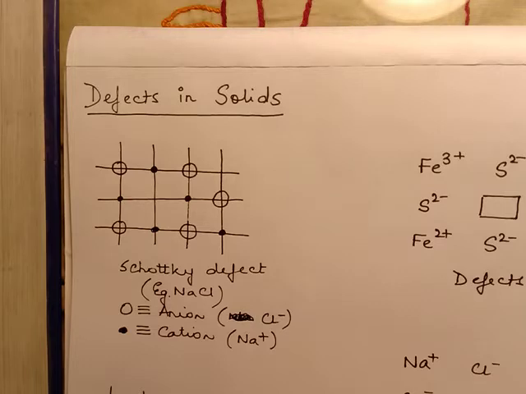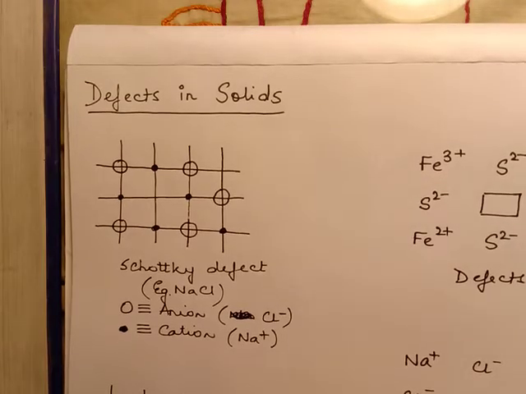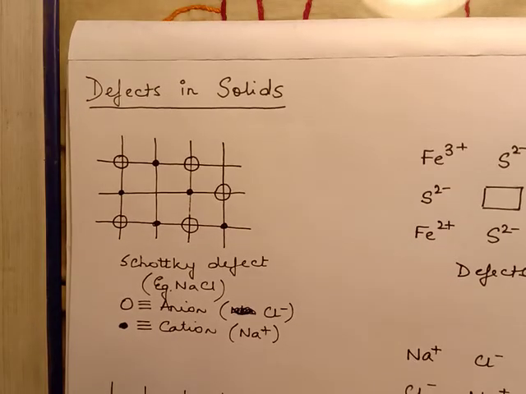Now these defects can be of various types because of the absence of ions or presence of excess ions and so on. Defects can be of two major types, stoichiometric and non-stoichiometric. The stoichiometric defects are of two types again, Schottky defect and Frenkel defect. As I have shown in the diagram, the first diagram which you can see now is the Schottky defect.